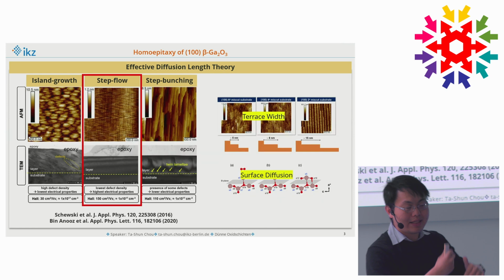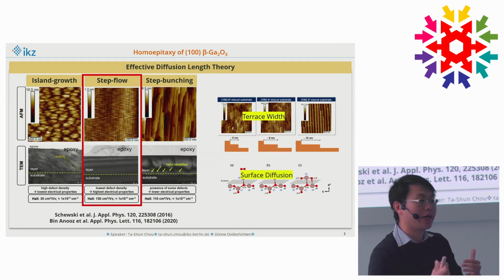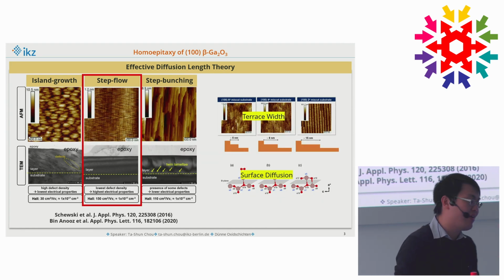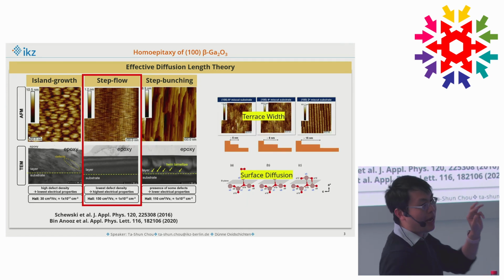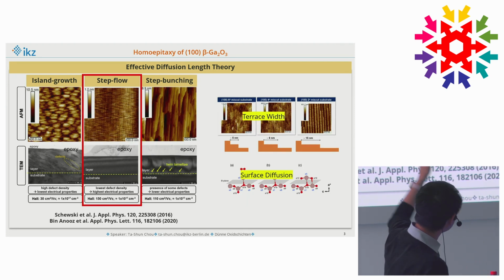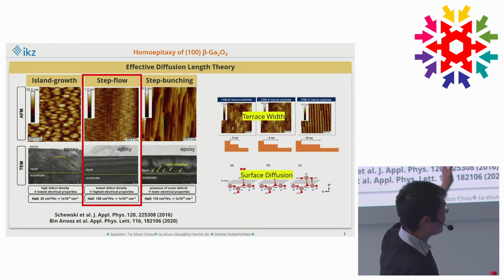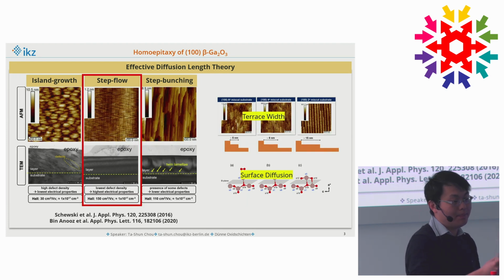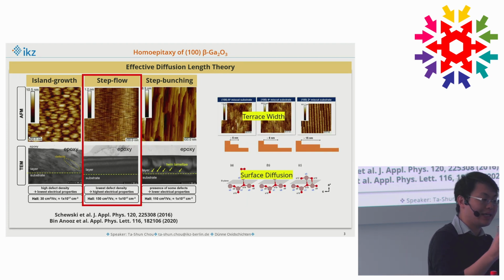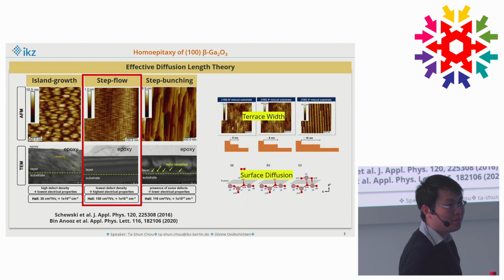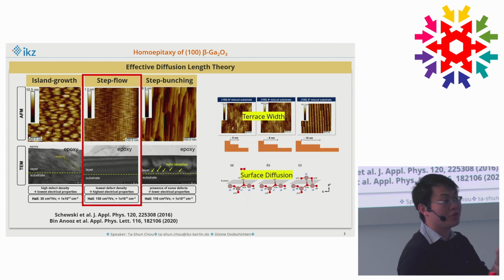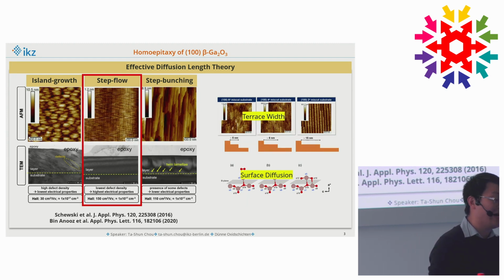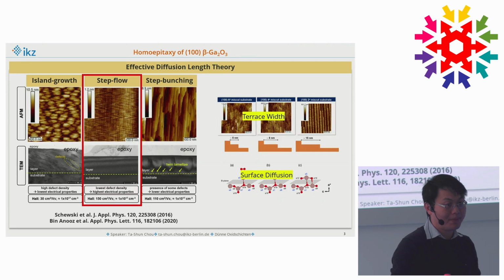So in the past 10 years, we actually figured out some key factors. For example, we know there are 3 morphologies: island growth, step flow, and step bunching, which actually determine the quality of the film. So usually we want the desired step flow morphology, which allows us to have minimized structural defects and the best electrical properties.